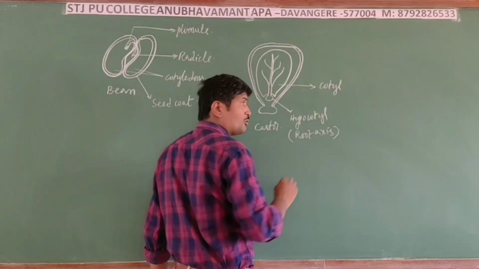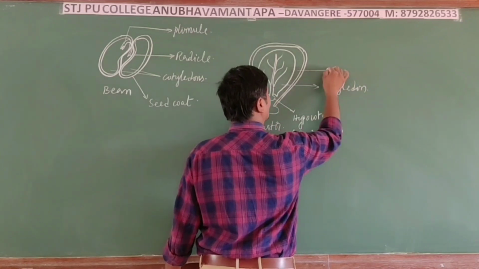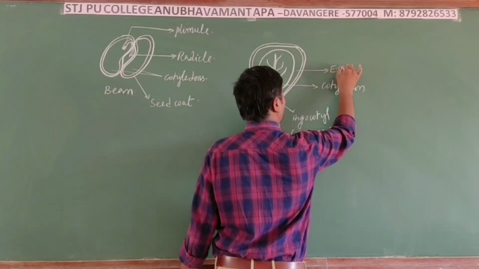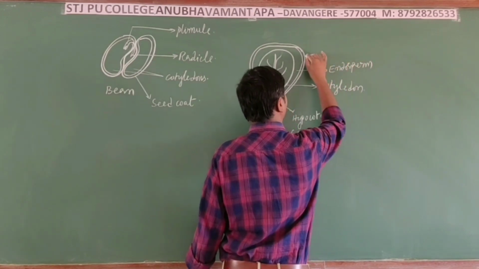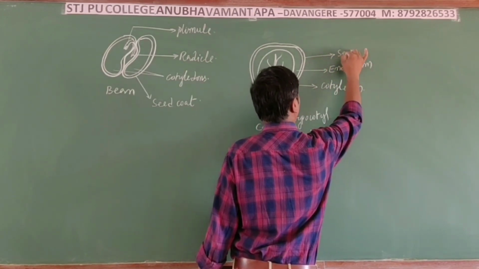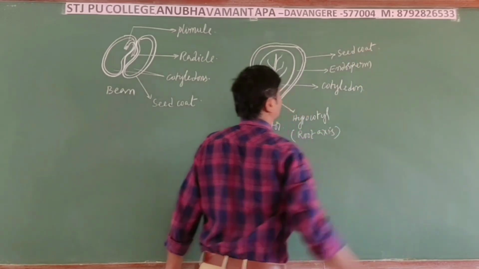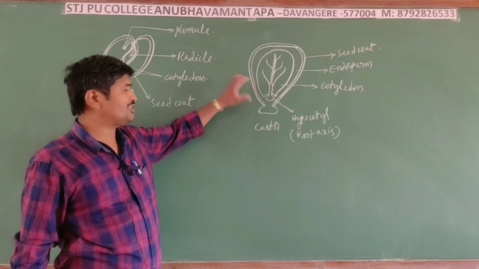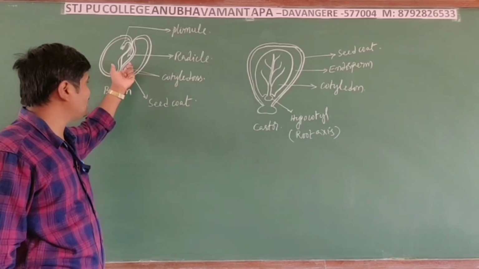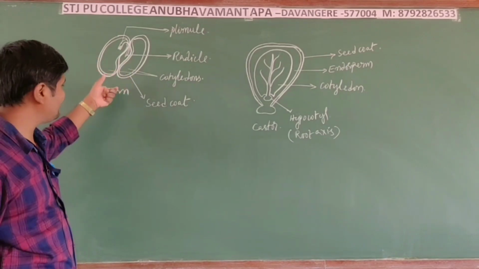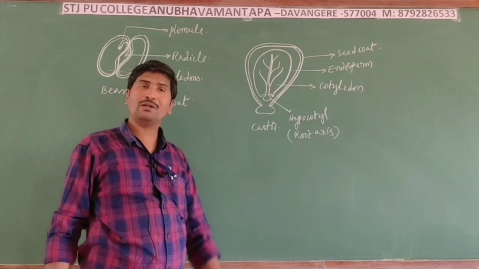That is a cotyledon. Endosperm. Seed coat. This is the structure of the castor seed. That was the structure of the bean, where there is no endosperm because it is a non-endospermic seed. This one is an endospermic seed.